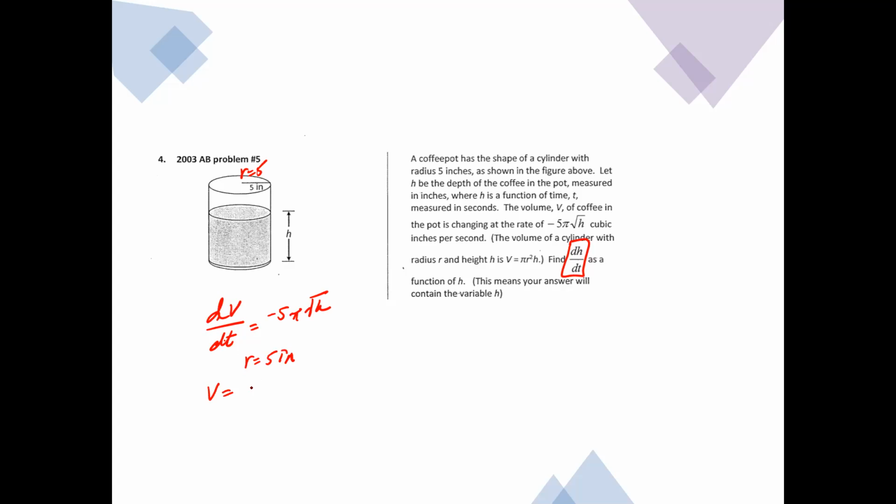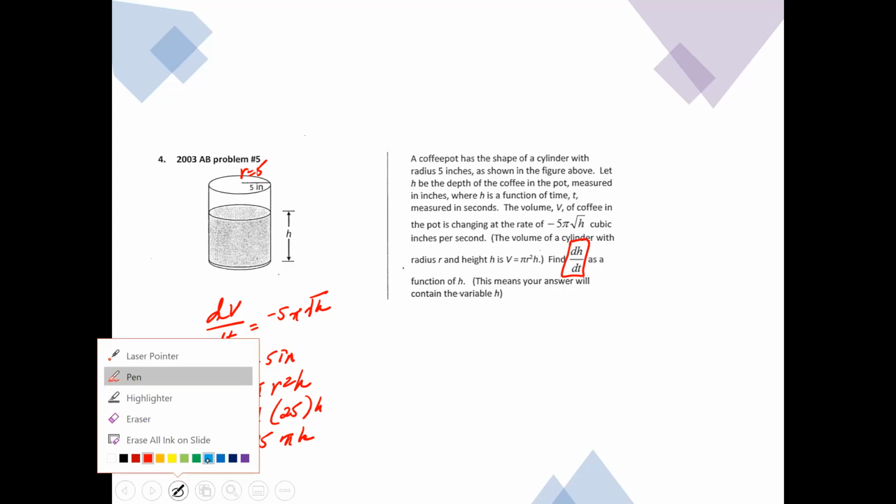And also the volume of the cylinder is pi r squared h. Well, it's given to you that the radius is 5, so let's just do 25h. And don't forget, oh no, I have the pi there. Never mind, it's good. So my volume is 25 pi h.